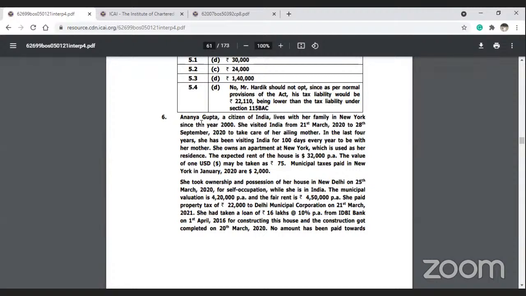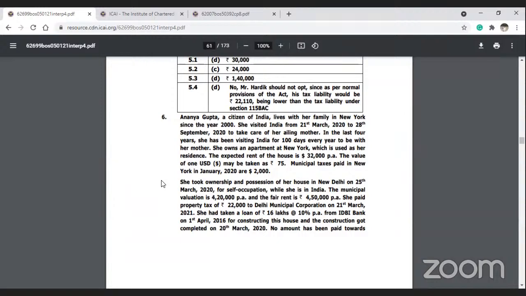Ananya Gupta, a citizen of India, lives with her family in New York since year 2000. She visited India from 21st March 2020 to 28th September 2020 to take care of her ailing mother. In the last 4 years, she has been visiting India for 100 days every year to be with her mother.